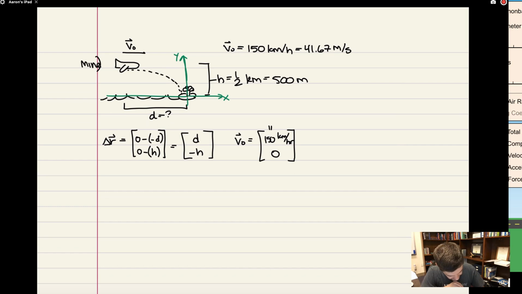And I'll call this the initial horizontal velocity. And then acceleration, again, only in the vertical direction. And since up is positive, the acceleration points downward with negative g.